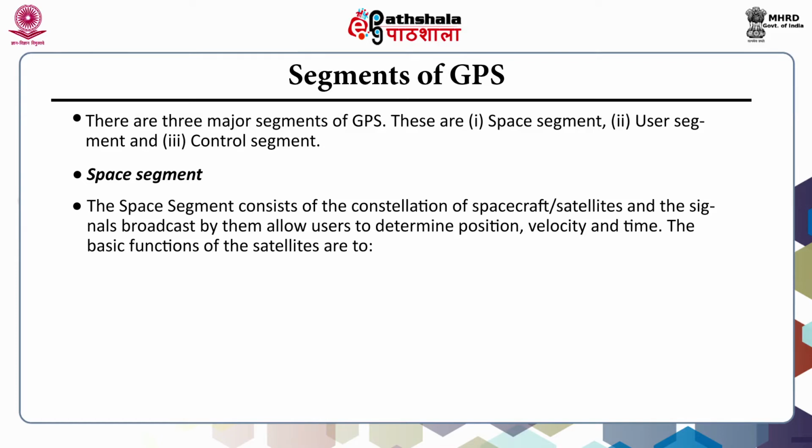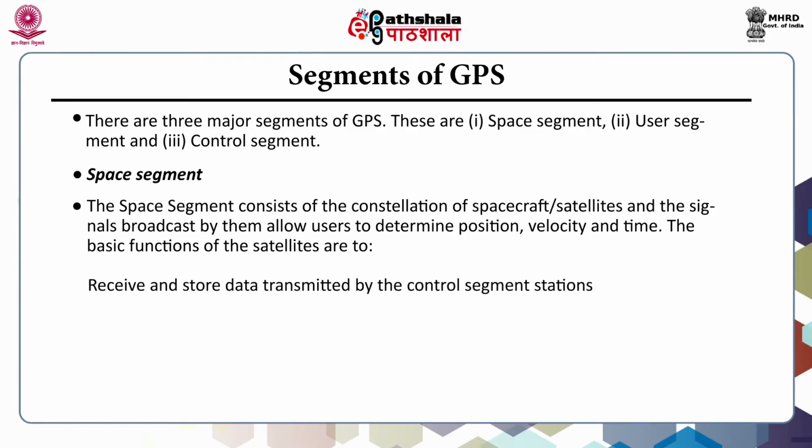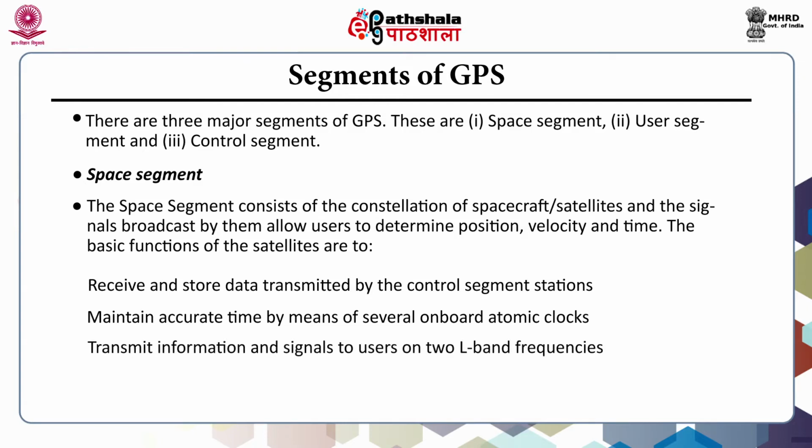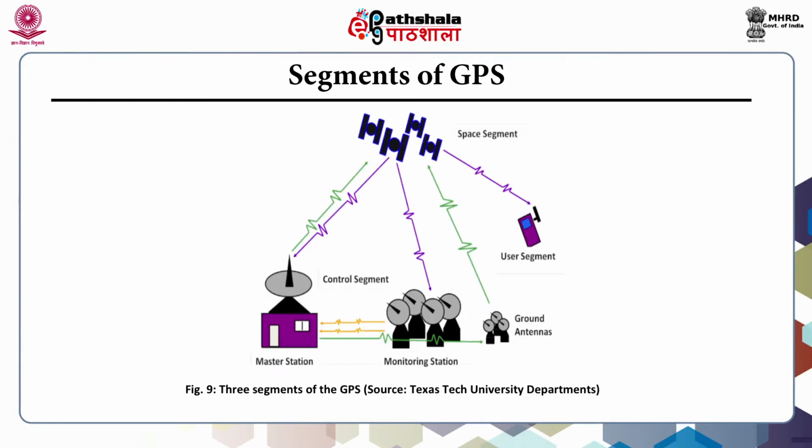The basic functions of the satellites are to receive and store data transmitted by the control segment stations, maintain accurate time by means of several onboard atomic clocks, transmit information and signal to users on two L-band frequencies. In slide 38, this figure shows different segments of the GPS.